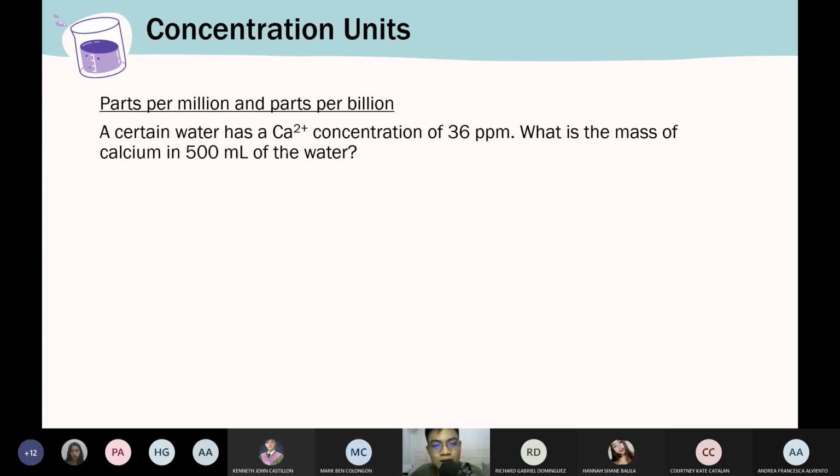So basically, since the concentration is ppm, we need to use the ppm equation. Okay? So since ppm calcium yan, so that means that is milligram of calcium divided by the volume of the solution in liters. Okay?